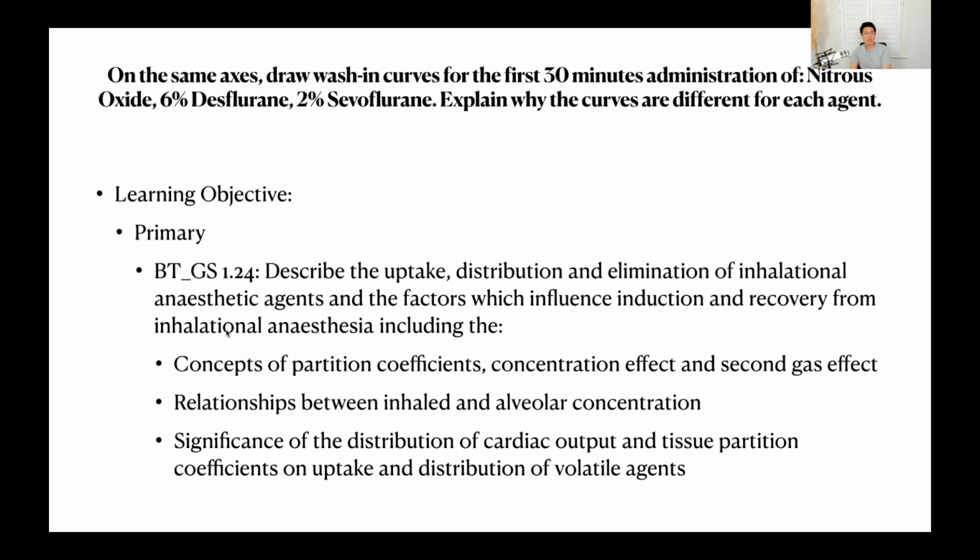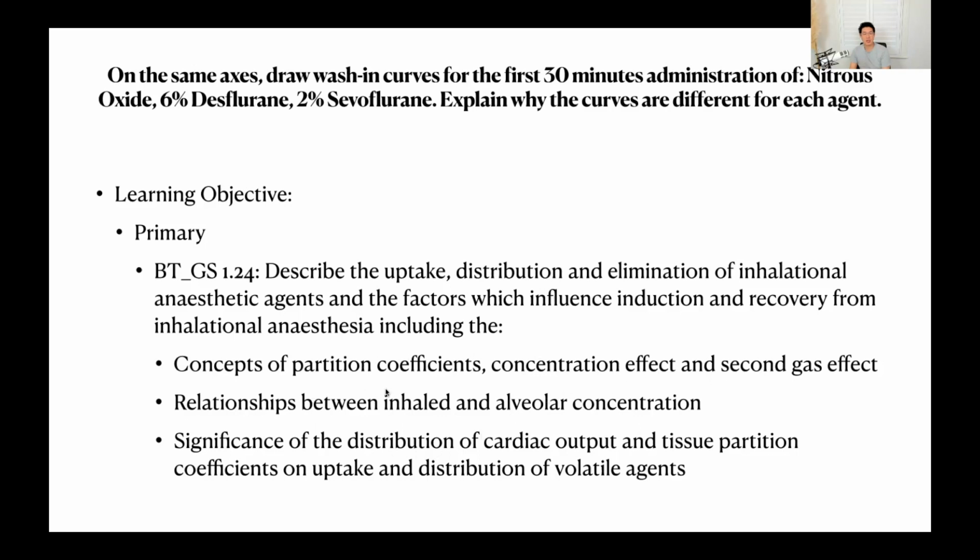These are the learning objectives. So it's based on BTGS 1.24. And this is quite a big learning objective: the uptake, distribution, elimination of inhalational anesthetic agents, and the factors which influence induction and recovery from inhalational anesthesia. So the concepts of partition coefficients, concentration effect, and second gas effect.